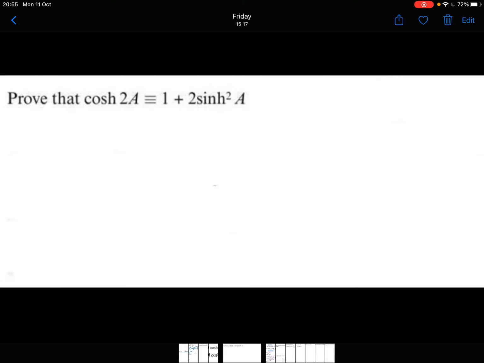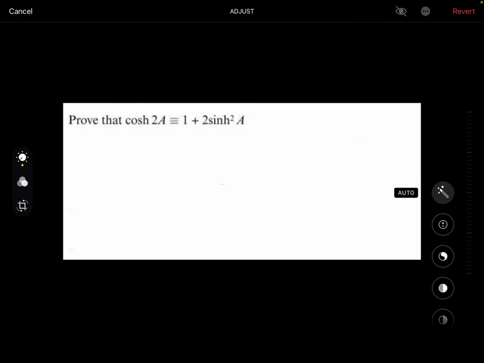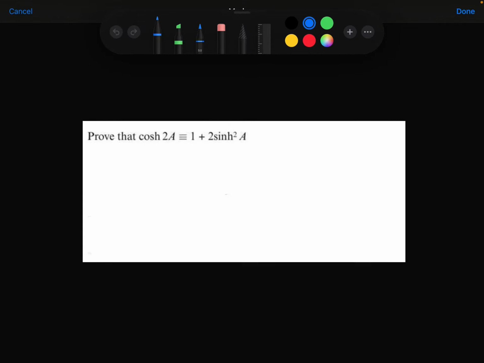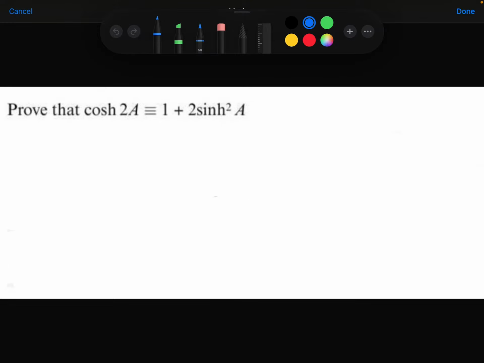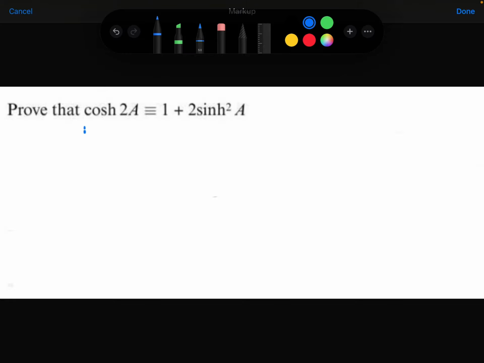Let's do one other proof, and then we'll talk about how these link together with the trigonometric identities that you're already thinking about, I'm sure. So we want to prove that cosh 2A is identical to 1 plus 2 sinh squared A. So let's start on the right-hand side.